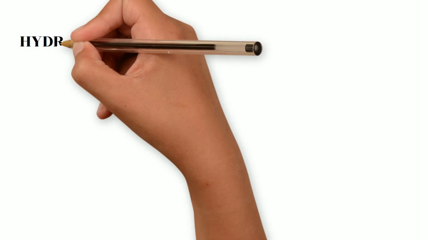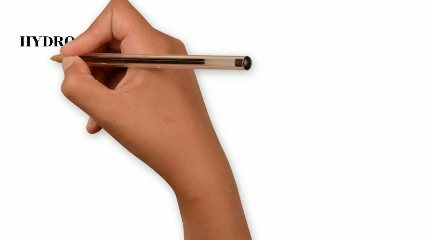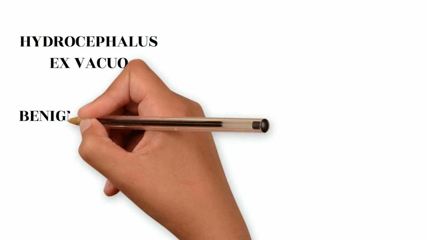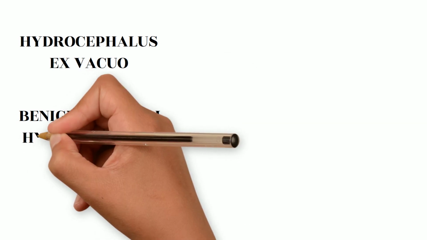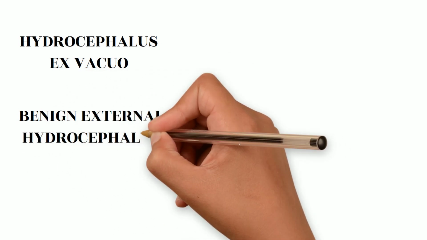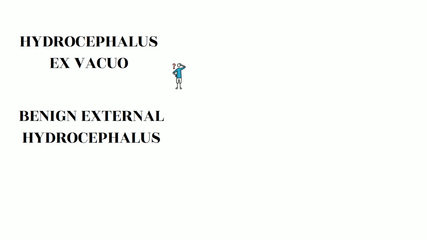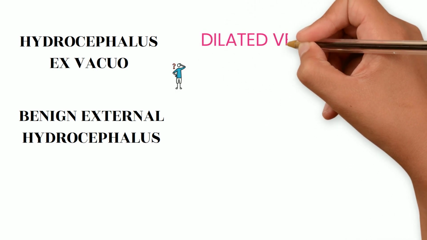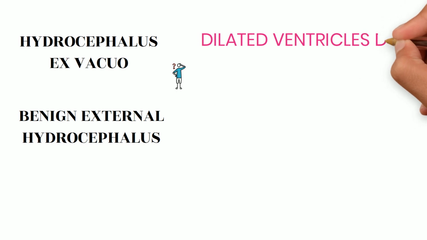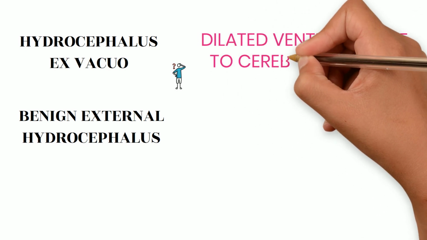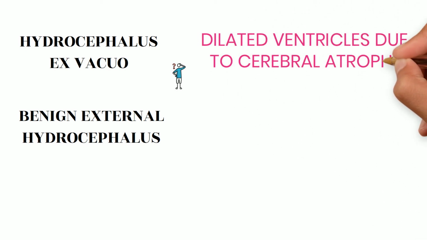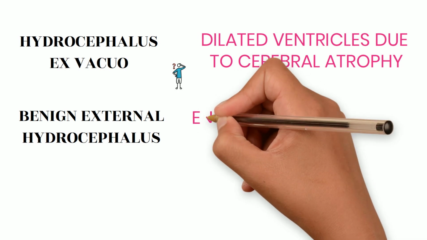So what are these two terms? Hydrocephalus ex vacuo and benign external hydrocephalus. In hydrocephalus ex vacuo, dilated ventricles are simply due to cerebral atrophy. So what is benign external hydrocephalus?